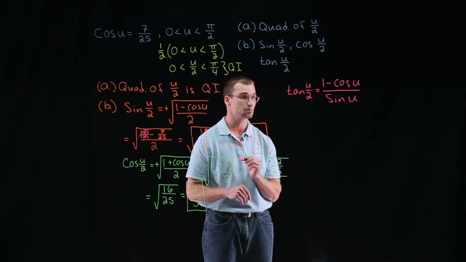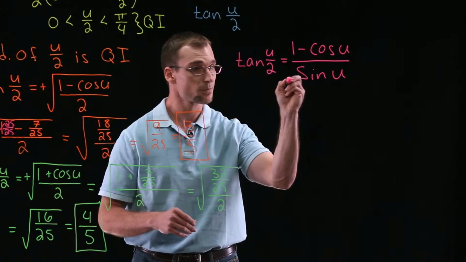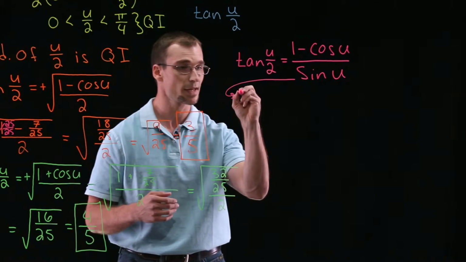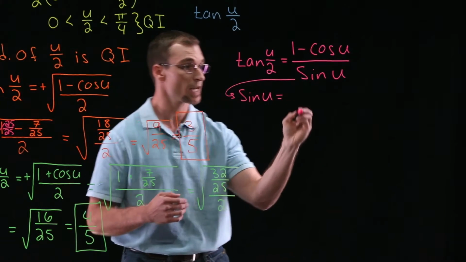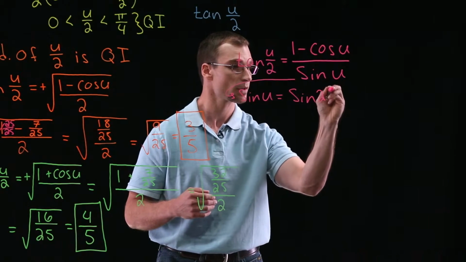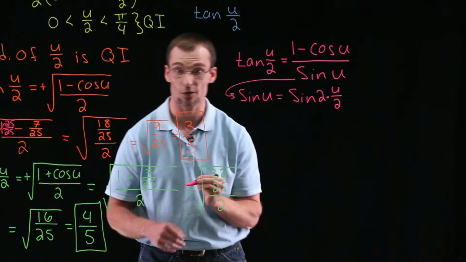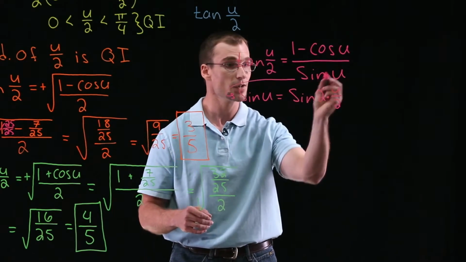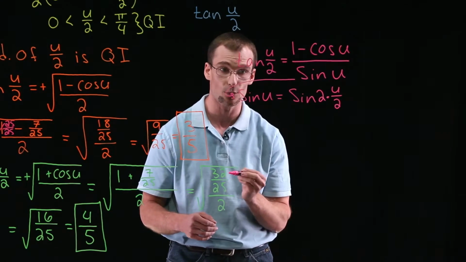So how can we do that? Going back to some more of our identities, we can be a little tricky and think of sine of u as being equal to sine of 2 times the angle u over 2. These two things are equivalent. So really we can think of sine of u as a double angle: sine of 2 times u over 2.